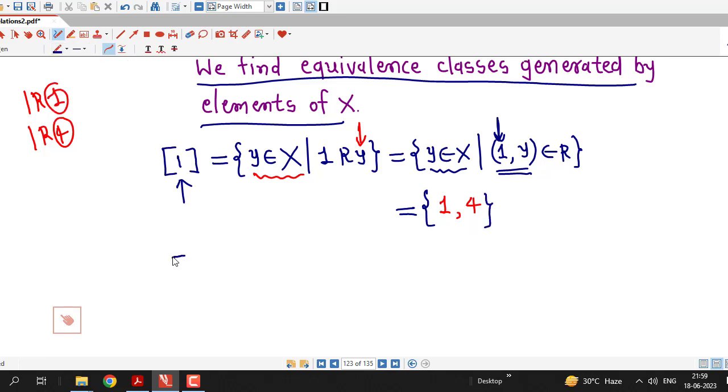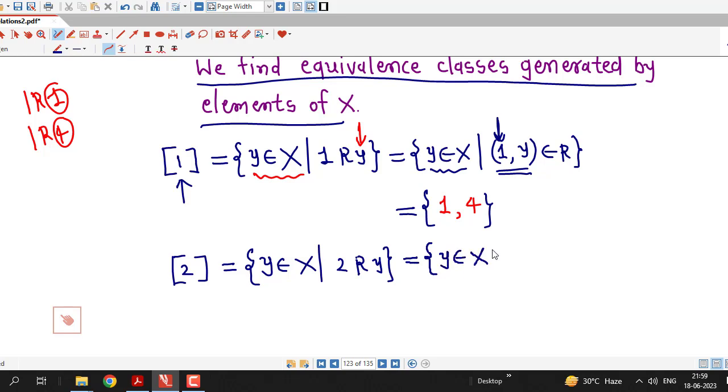Now we find out the equivalence class of 2. So I have to write down all those elements of X such that 2 is related to that element. So this I can rewrite as Y belongs to X such that ordered pair 2 comma Y belongs to R. So now I have to concentrate on those ordered pairs whose first component is 2.